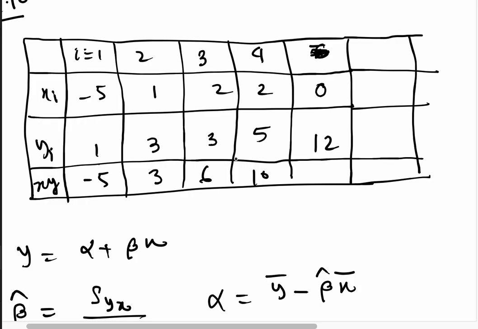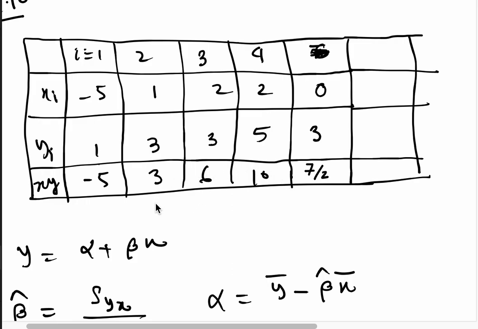Now the sum of this whole thing, and 1 by n: minus 5 plus 3 is minus 2, plus 6 is 4, plus 10 is 14, so 14 by 4, that will be 7 by 2.